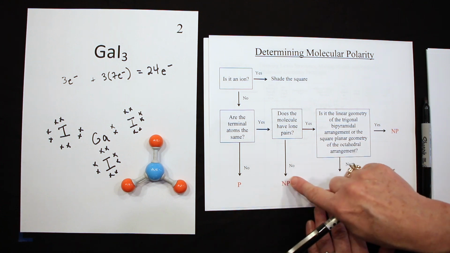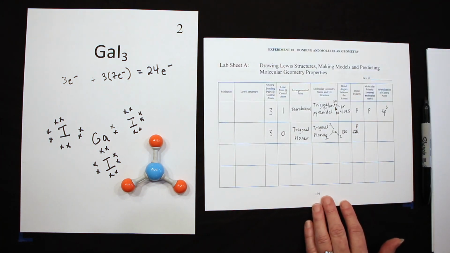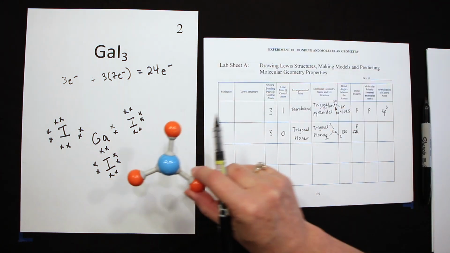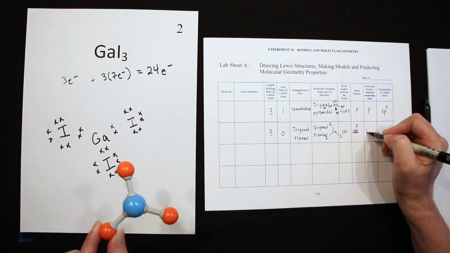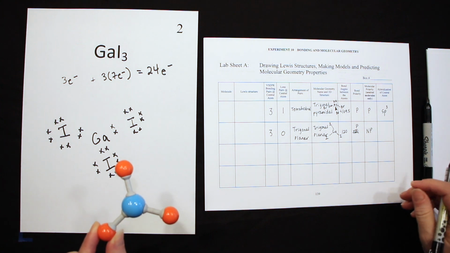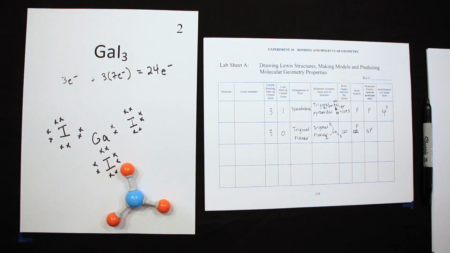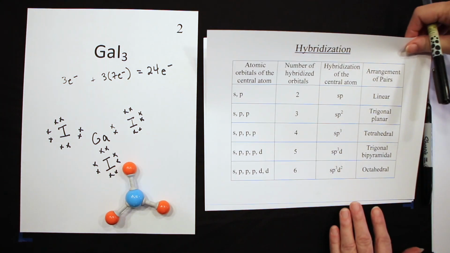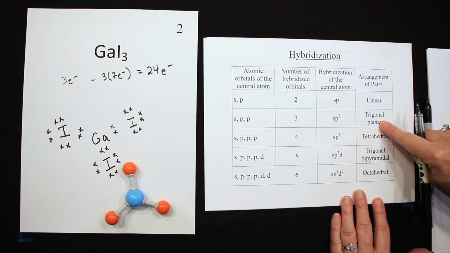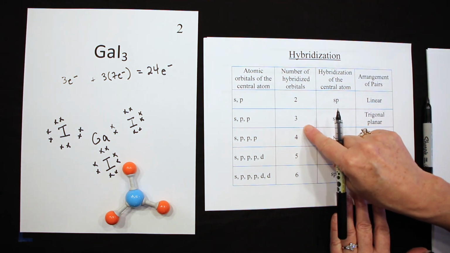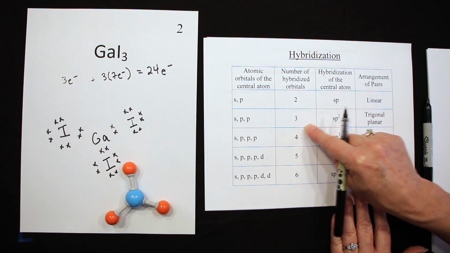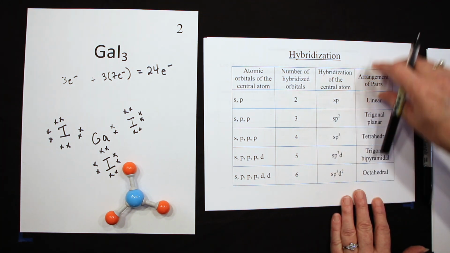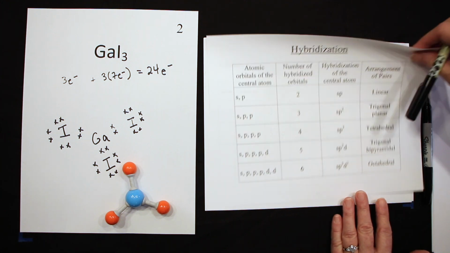No. So this molecule is nonpolar. All the dipole moments in this molecule will cancel each other out. You can go back to your hybridization sheet and realize that any combination totaling 3 pairs or trigonal planar is sp2 hybridized.